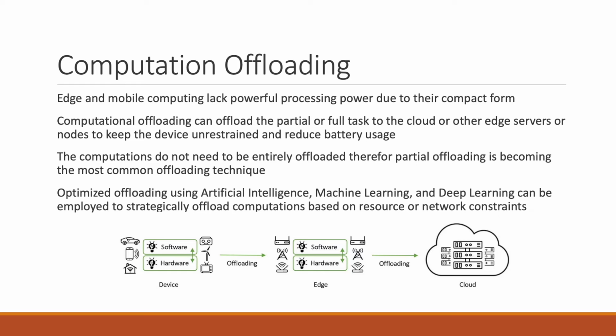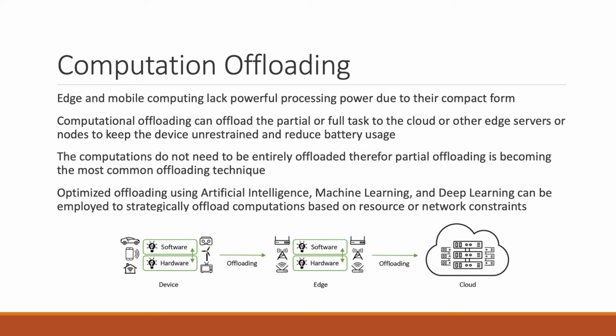The edge nodes are constrained by their lack of powerful processing power due to their compact form, so computation offloading is one solution to this problem, by offloading part or all of the task to the cloud or to other servers so that the edge device can remain unconstrained, reduce battery usage, and in turn improve energy efficiency.